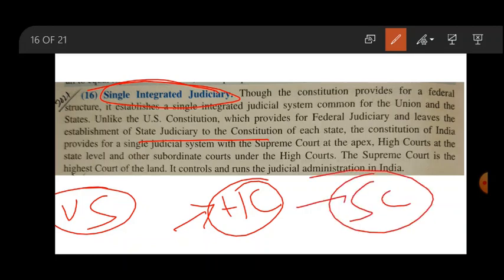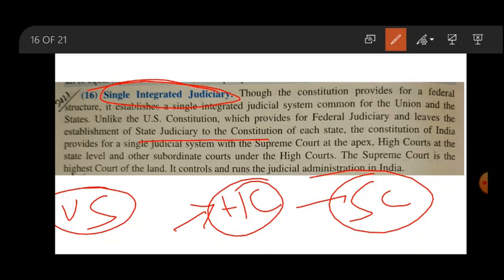So the Supreme Court is the apex court of our country. The subordinate courts are the High Court and the district court or session court. So that means in India we have a single integrated judiciary, one law, one administration of judiciary.